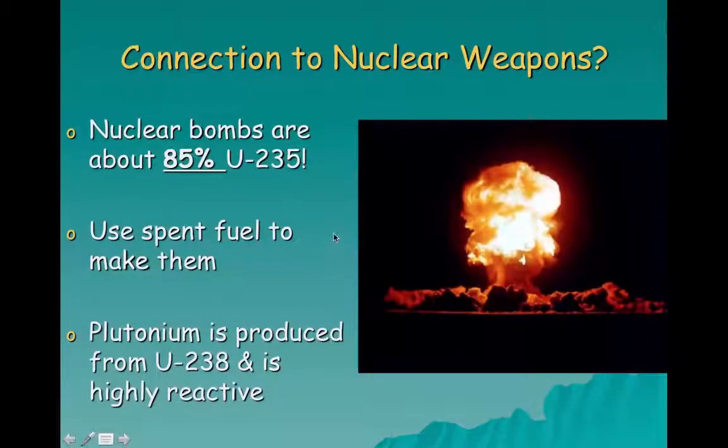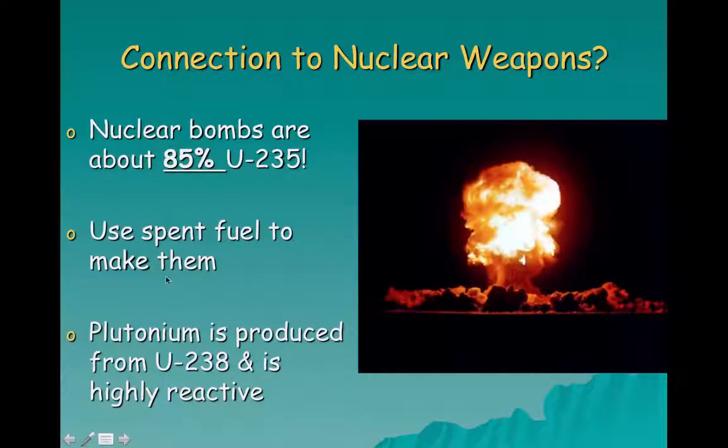And for the connection to nuclear weapons, nuclear bombs are about 85% U-235. If you remember, nuclear fuel in the power plant is only 3% U-235. So hopefully that's pretty evident how much more explosive and dangerous nuclear bombs are. 3% versus 85%.